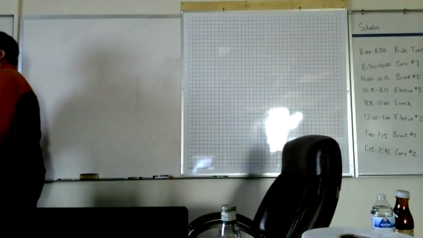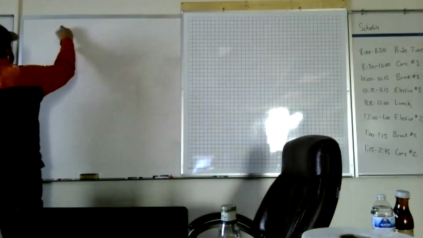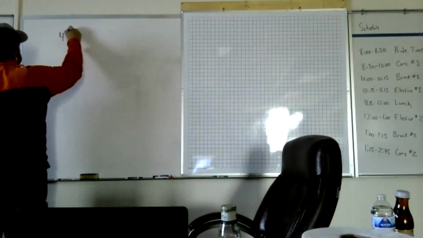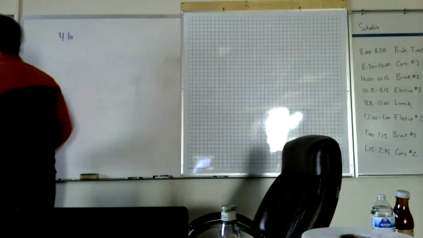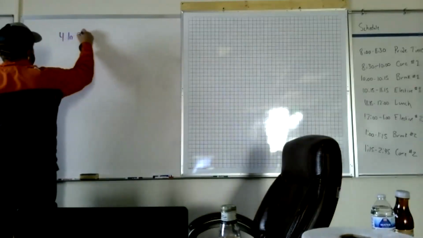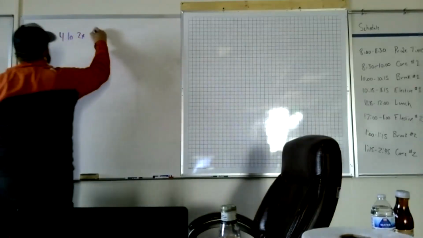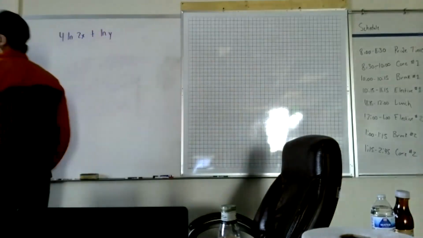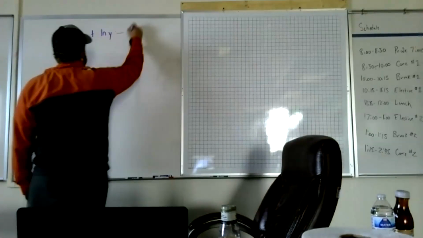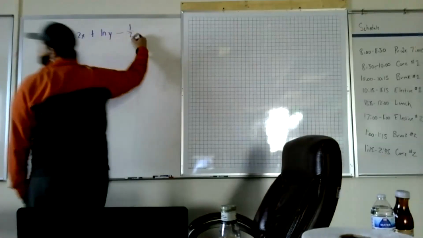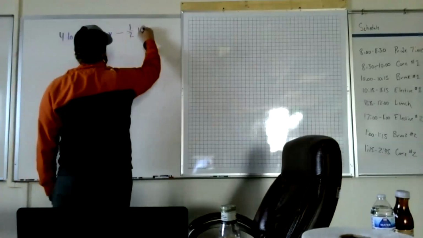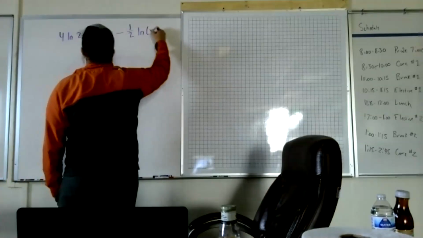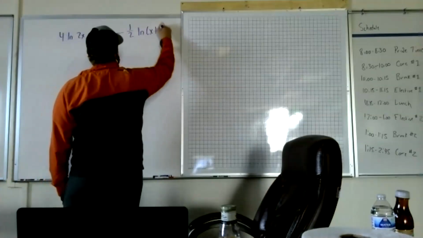All right, this will be the last one. So we have 4 natural log of 2x plus the natural log of y minus 1/2 natural log of x plus 1.